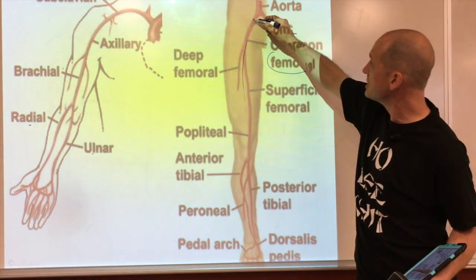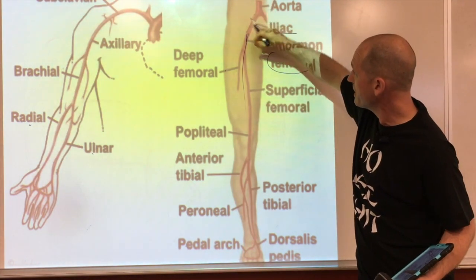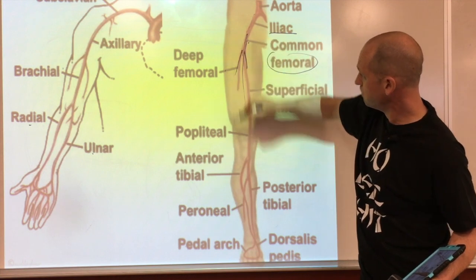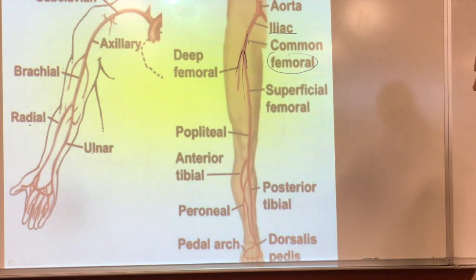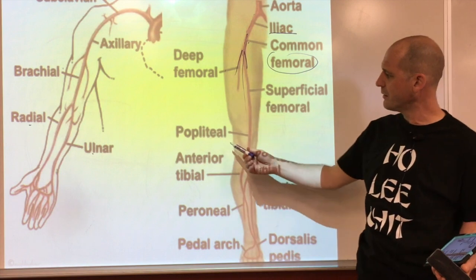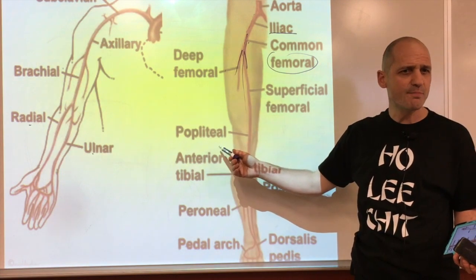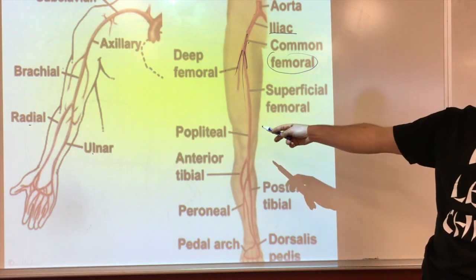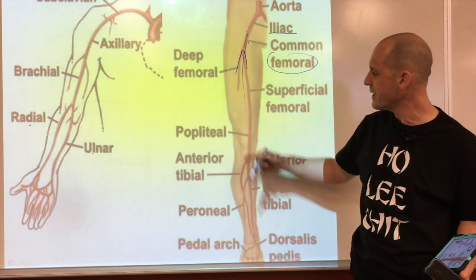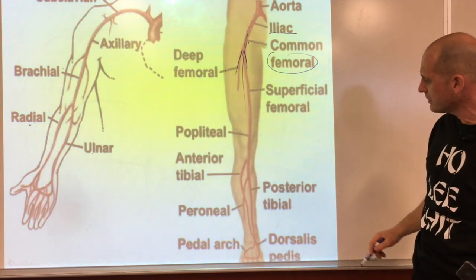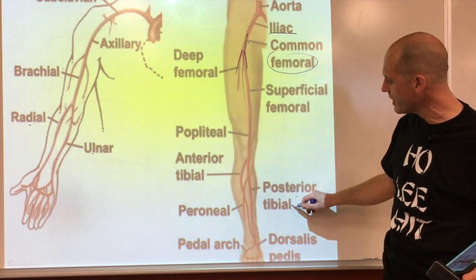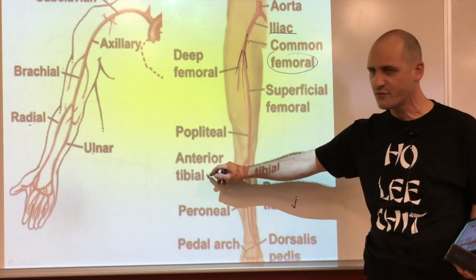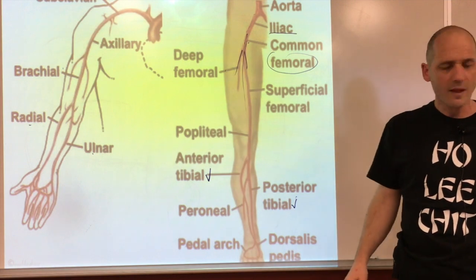See, the common is this here, from here about, and then it splits into two. Then the knee, we studied that the back of the knee is the popliteal area. There's a popliteus muscle actually, we didn't study that. But that's the popliteal area. And then look at that, we got tibials. We got an anterior tibial and a posterior tibial. That's where the tibia is, the shin bone.